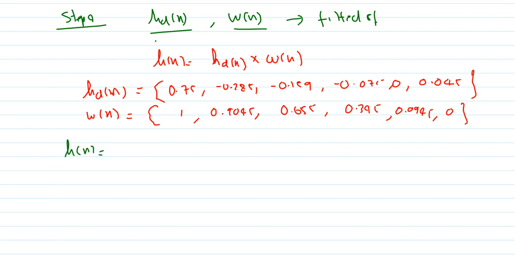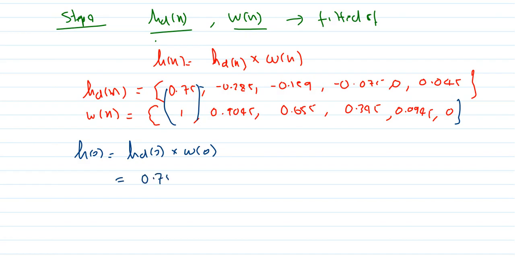So my H of 0 is equal to Hd of 0 into W of 0, the product of these two. So it becomes 1 into 0.75, which is 0.75.